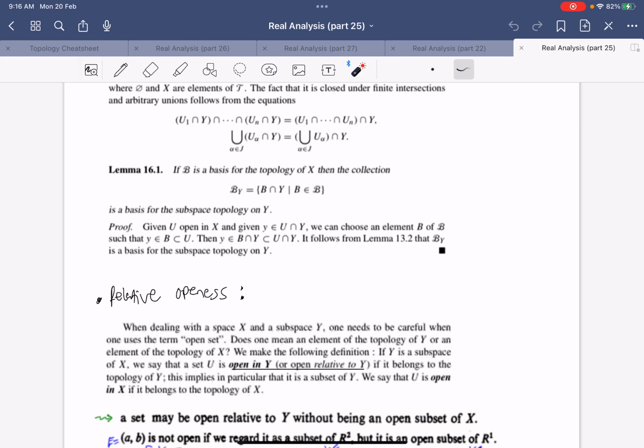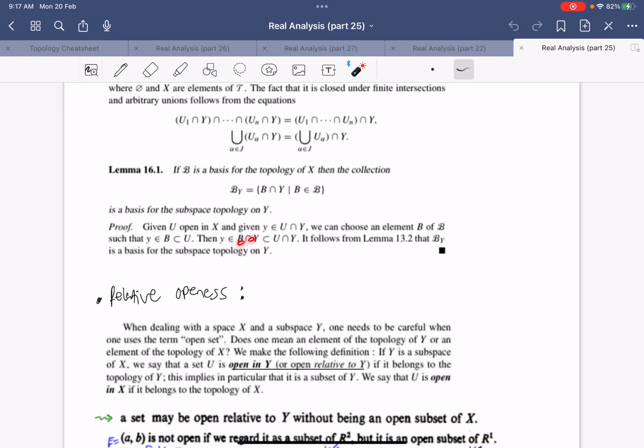And if you have a basis, then the basis of the subspace topology on Y will be just the basis intersecting with Y. And again, you can check that because given U open and a y in U intersect Y, then you can choose a basis element in the collection B such that y is an element of B, which is a subset of U by the property of basis.